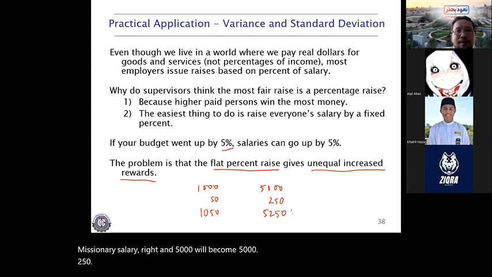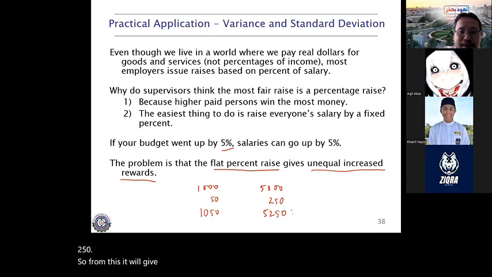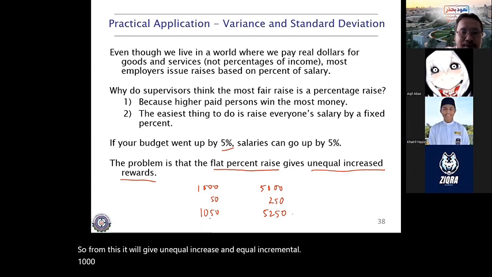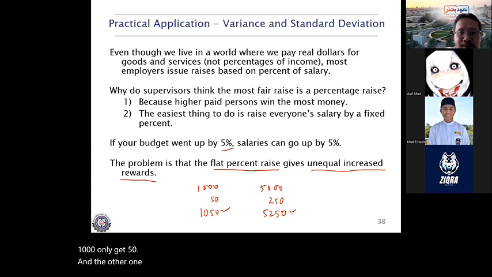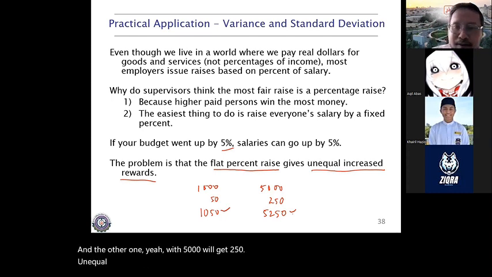From this, it gives an unequal increase. The person with 1,000 only gets an increment of 50, and the other one, with 5,000, gets 250. An unequal increase reward, right?